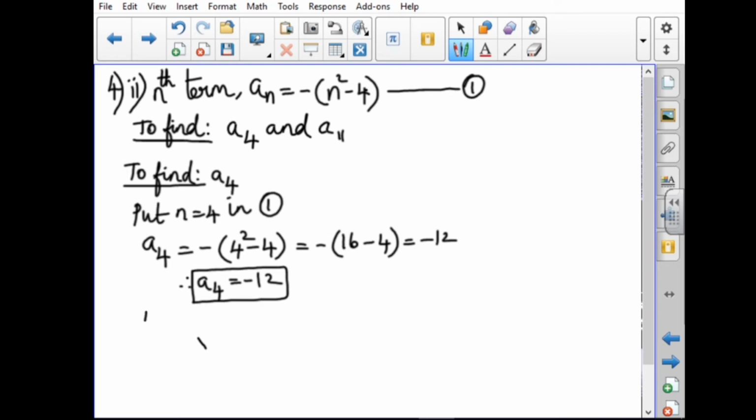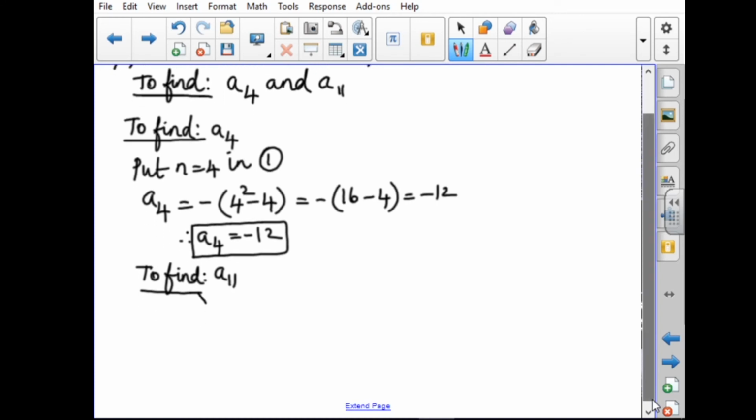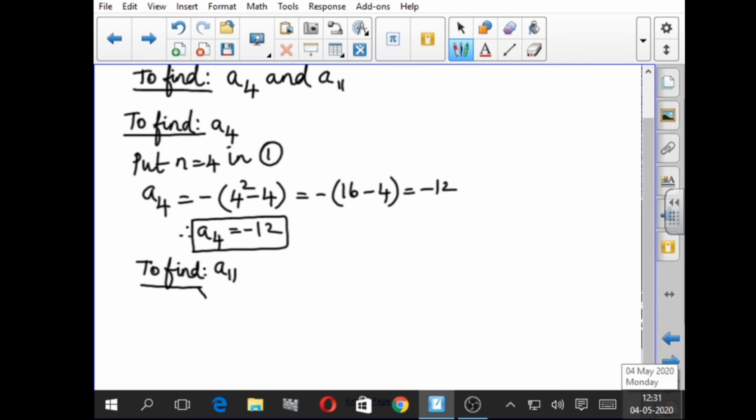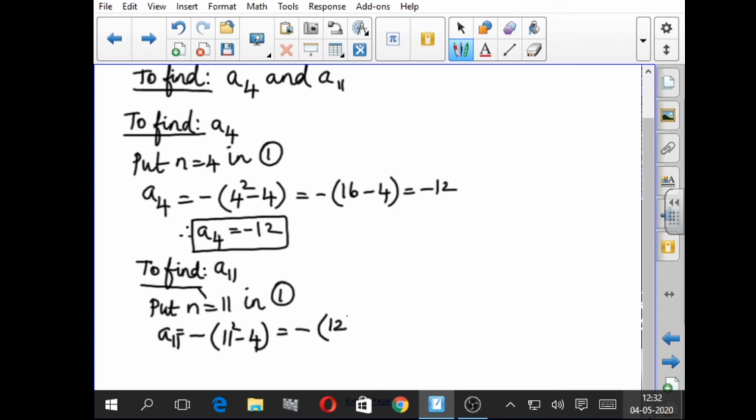Next, to find a11, put n equal to 11 in 1. So a11 equals minus of 11 squared minus 4. 11 squared is 121, minus 4, that is minus 117.